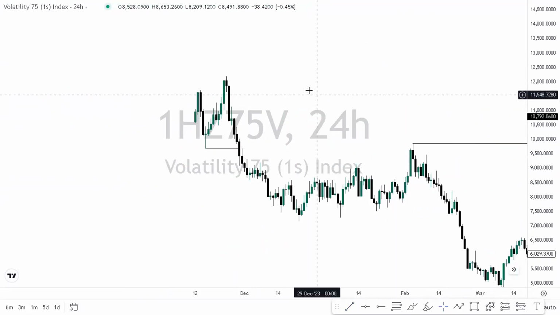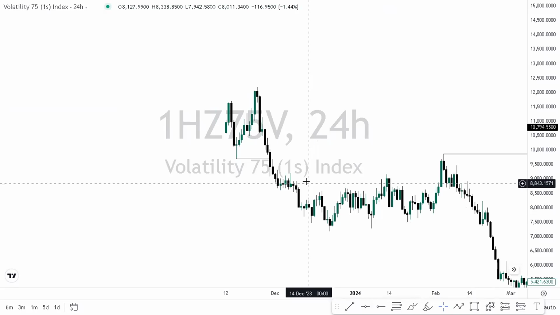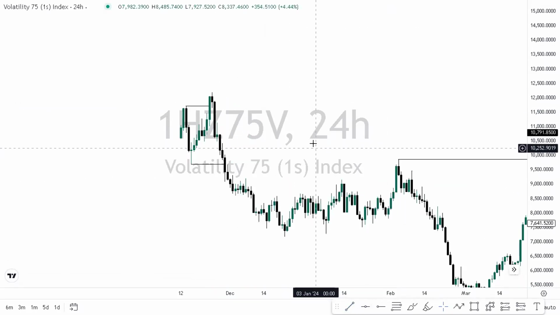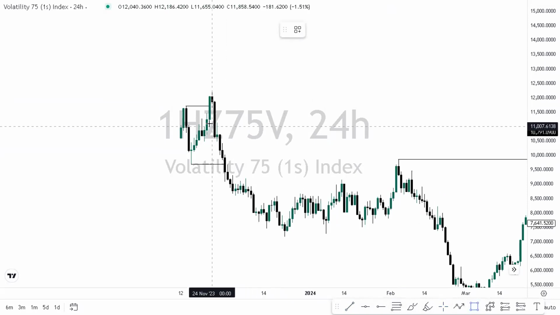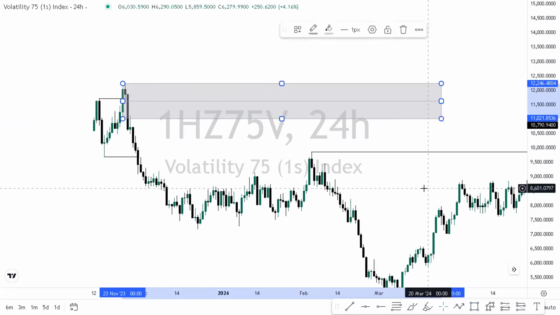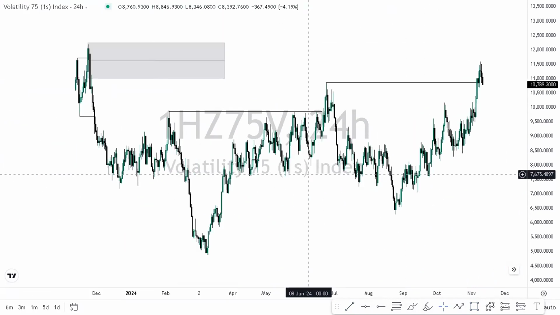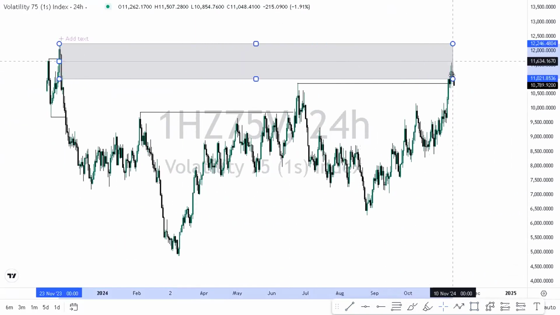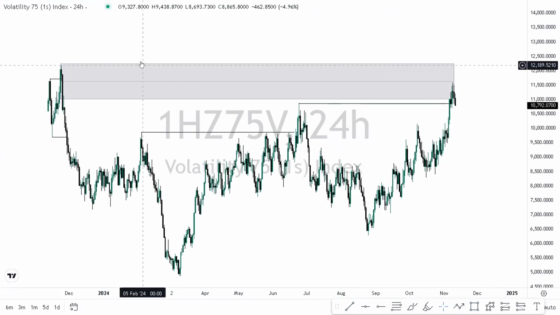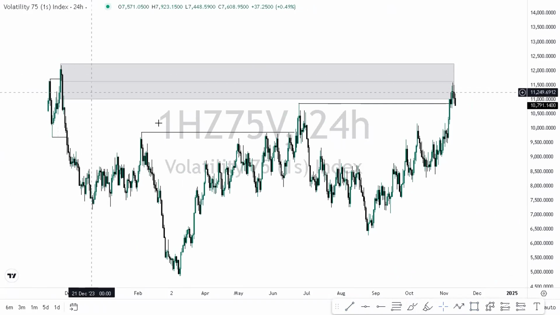So briefly, I have this, a proper sweep, this is my concern, and we can see how we rallied into almost 50%.